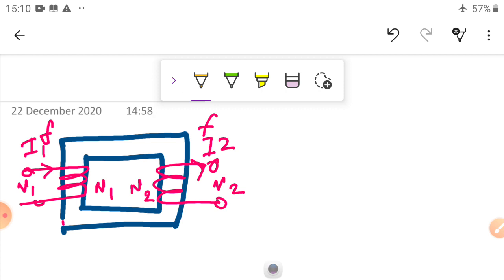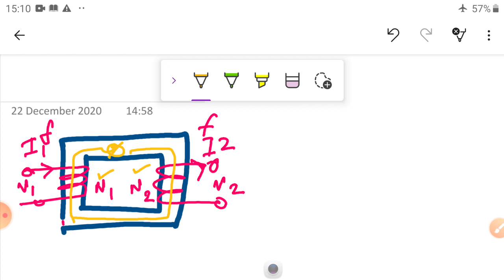When AC supply is given to the primary, it establishes its magnetic field. The field flows through the ferromagnetic core material and links the N1 conductors and N2 conductors.